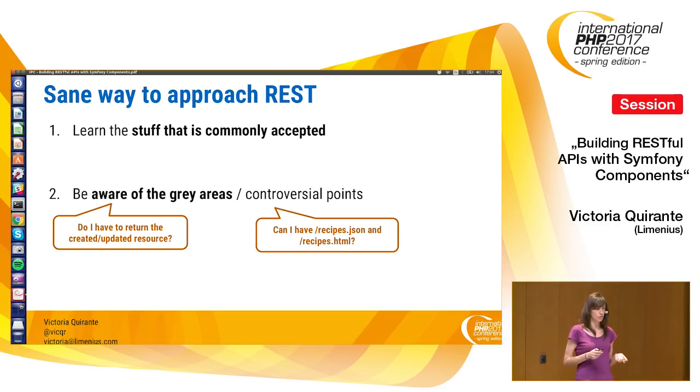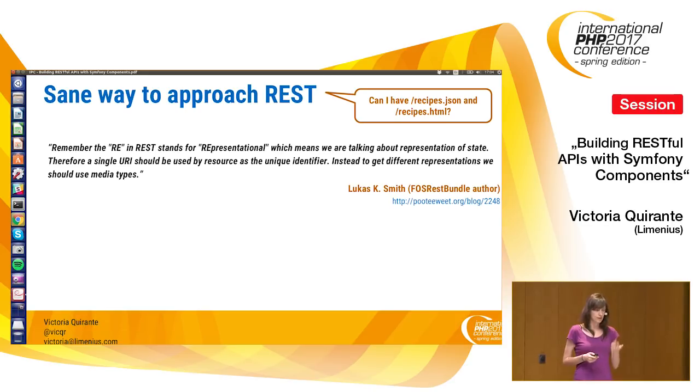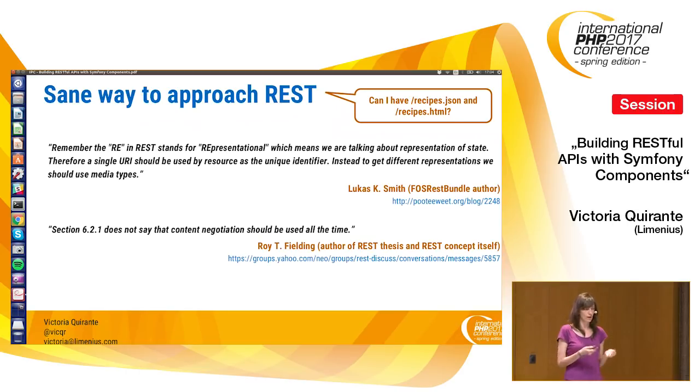For example, this second one, if you look out there, you will find Lukas Smith, who is the author of FOSRestBundle, saying that you shouldn't, because this goes against the concept of REST. But if you keep looking, you will find the author of the concept, and he says, well, I never said that you should use content negotiation all the time. And on his website, he's actually using 2 different URIs for 2 different representations.